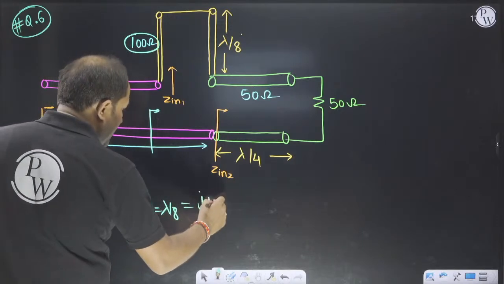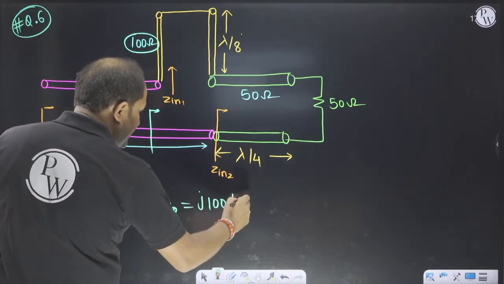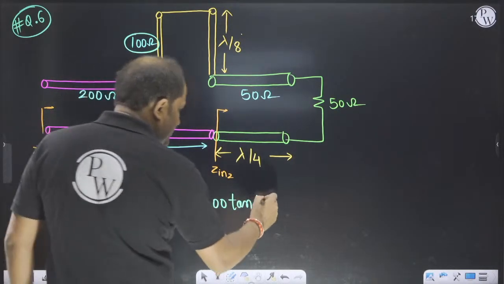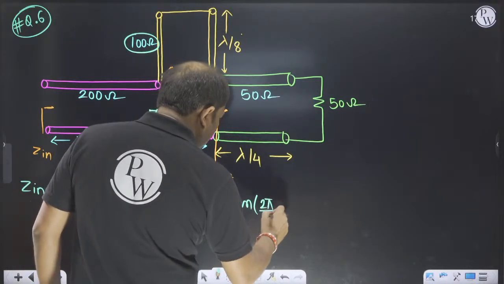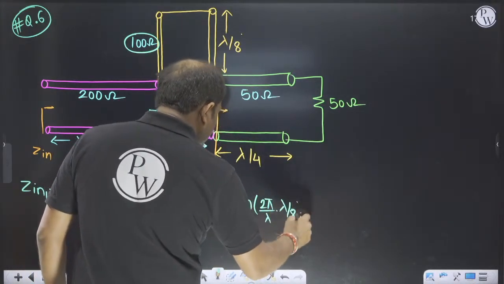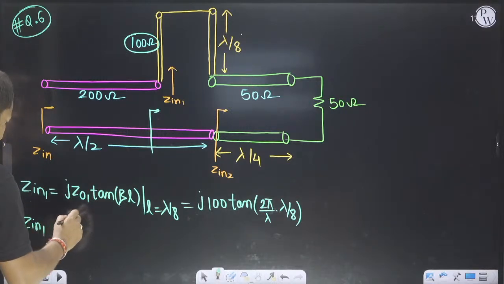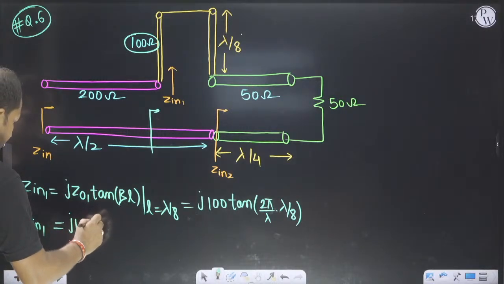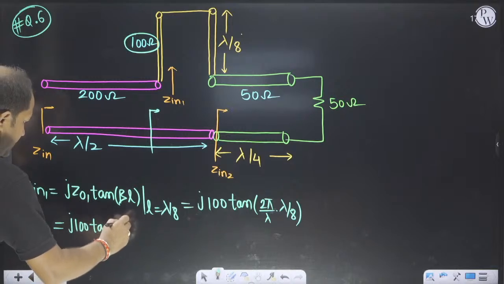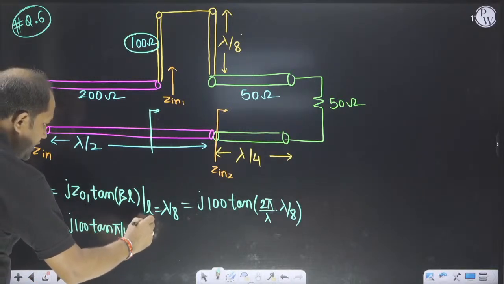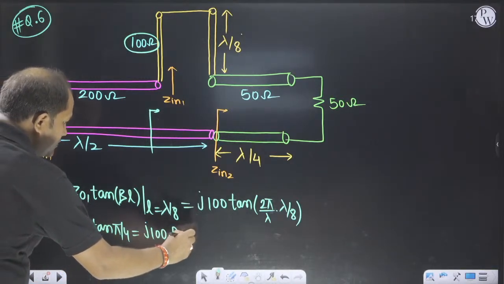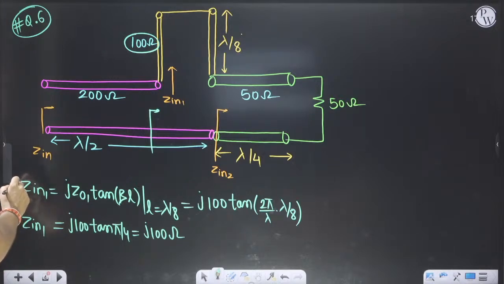Z01 is 100 ohm, so Zin1 will be j100 tan pi by 4, and tan pi by 4 is 1, so it is j100. Okay, so this is Zin1.